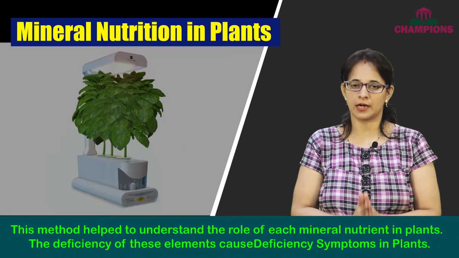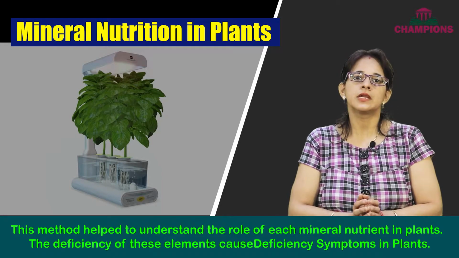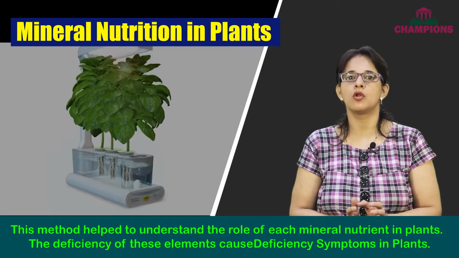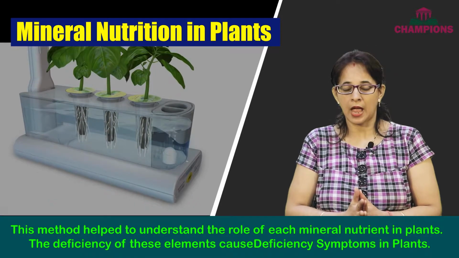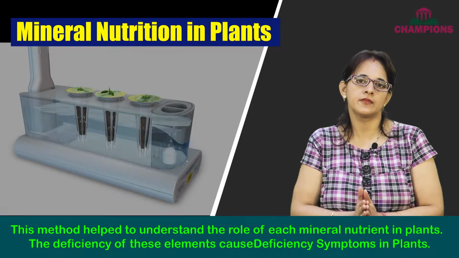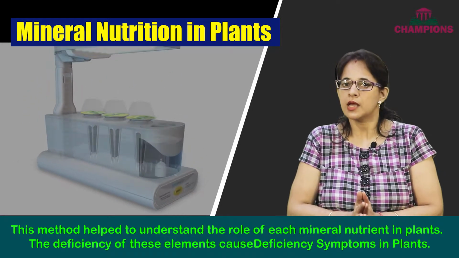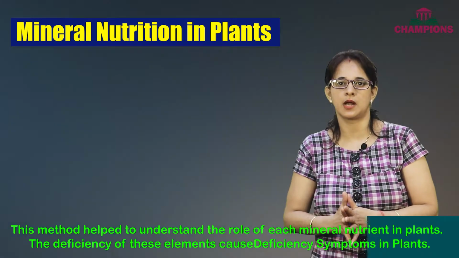And what is the advantage of such a method? Because of this method, we can easily study the role of each and every mineral nutrient in the plant body. And if any of these nutrients are lacking in the plant body, they cause various deficiency symptoms in the plants.